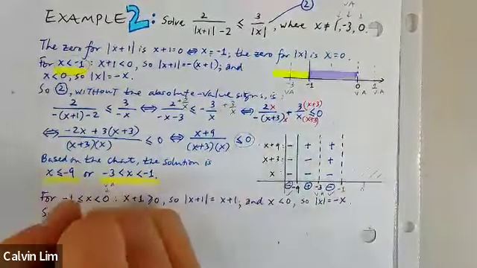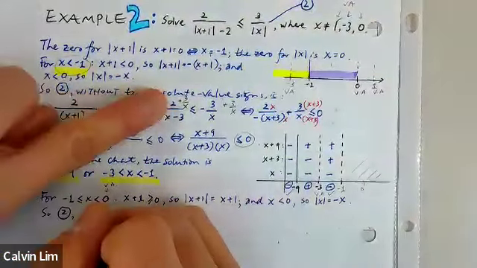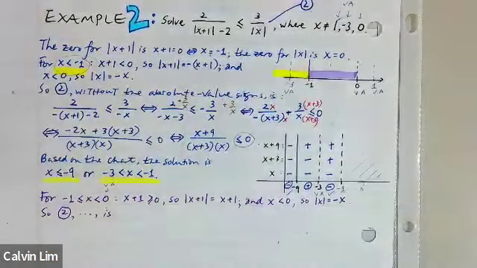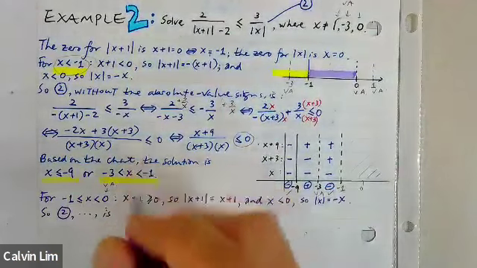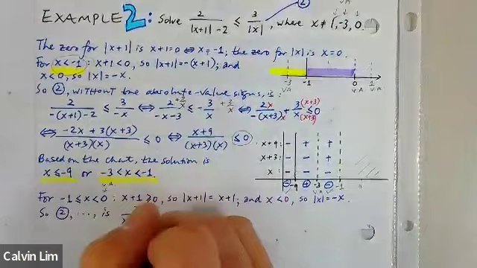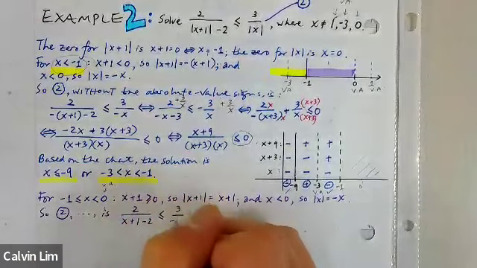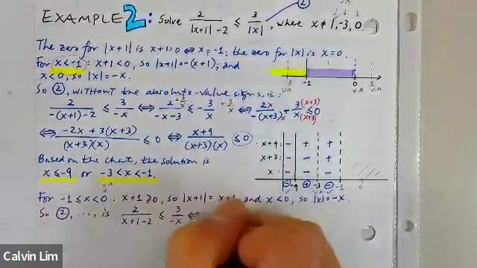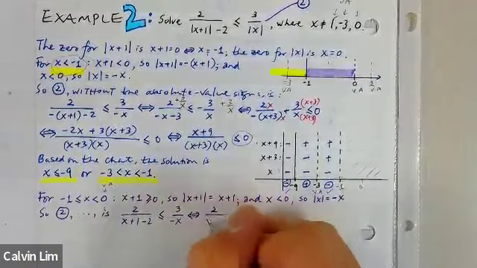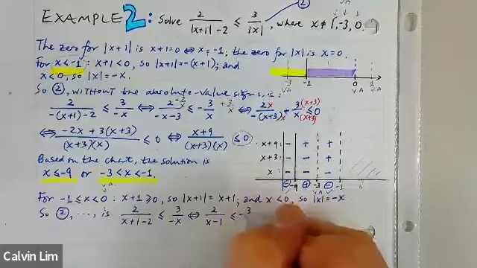So equation 2, without the absolute value sign, is 2 over x plus 1 minus 2 less than or equal to 3 over negative x. Simplifying gives me 2 over x minus 1 less than or equal to negative 3 over x.